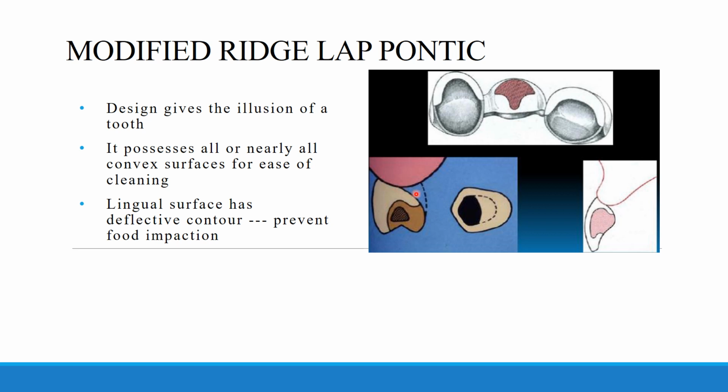Coming to modified ridge lap, looks like that. Design gives an illusion of a tooth. It possesses all or nearly all convex surfaces for ease of cleaning. Lingual surface has deflective contour, prevents food impactions, right? So this is more ideal. Yeah, like that, right?